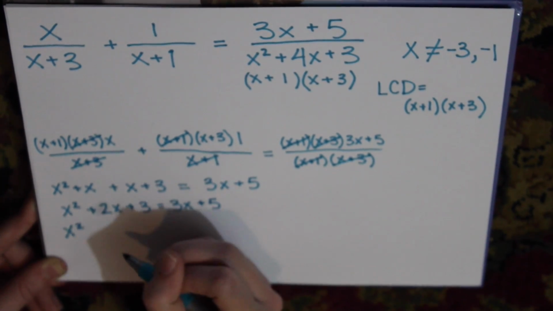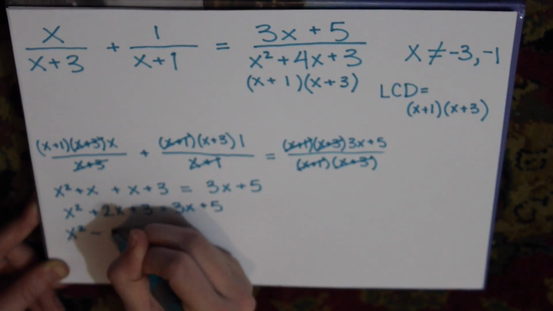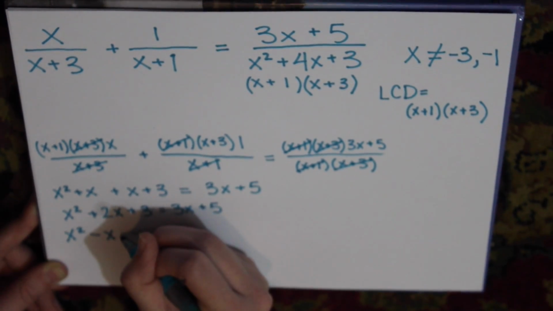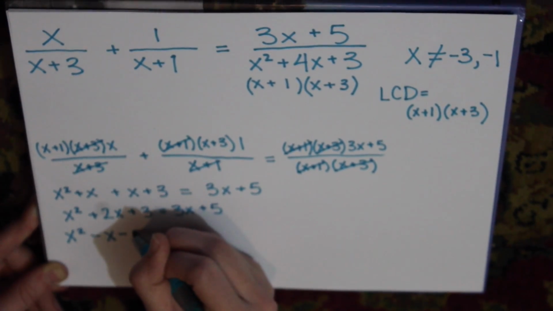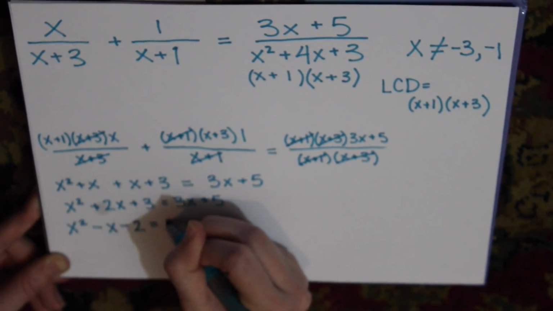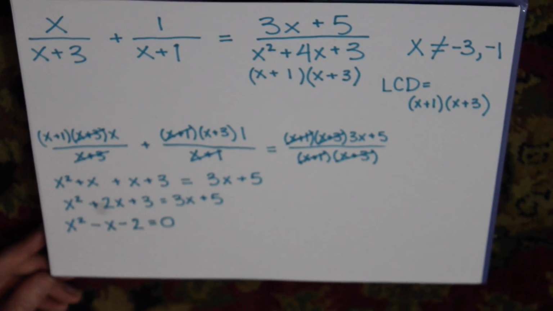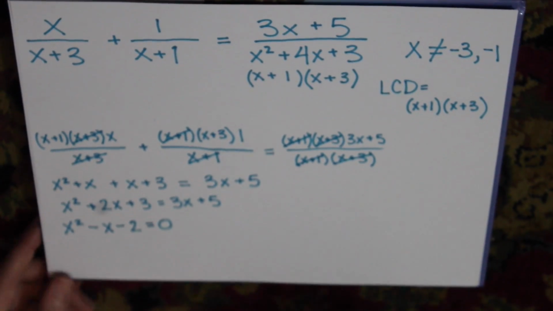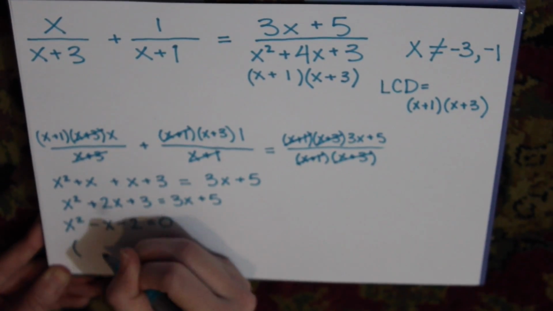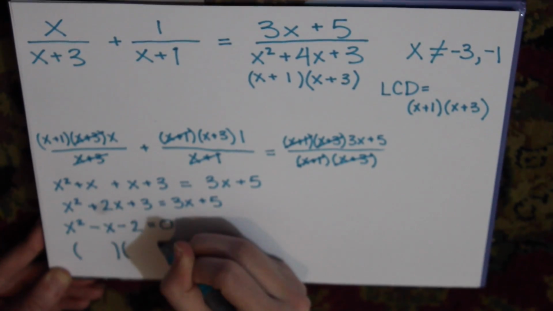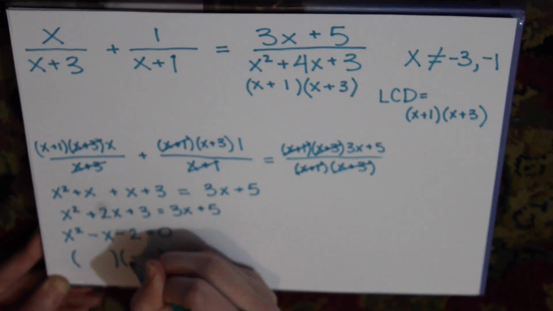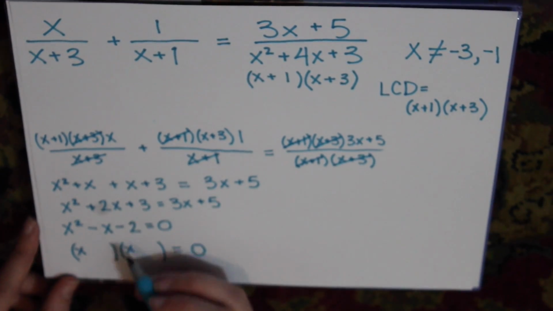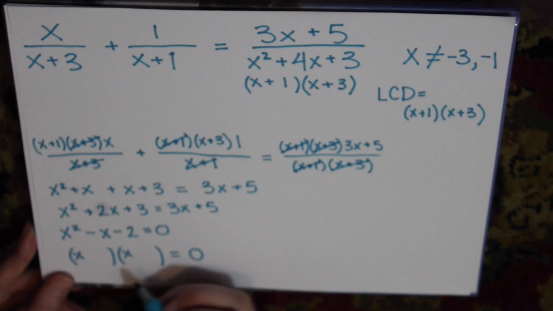Then we're going to move everything over and say x squared minus x minus 2 equals 0. Now from here we're just going to factor this to get our solutions. We're going to start out by putting x's first. Then there's a negative, so there's going to be a positive and a negative, and then negative 2.